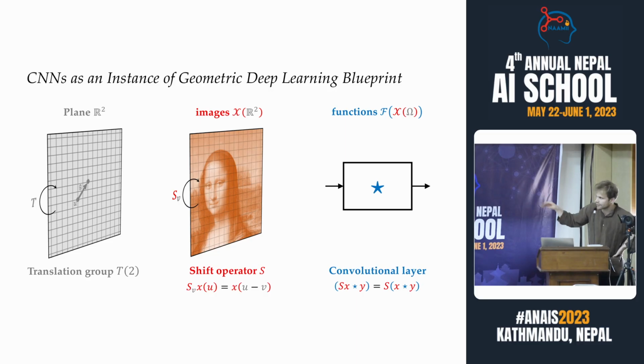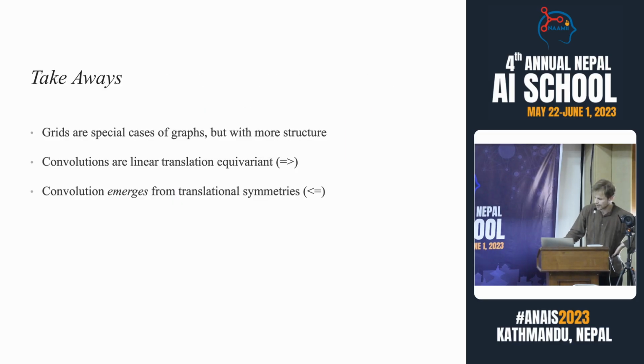Okay, we did the math in 1 dimension, but I promise that it still holds in 2 dimensions, which is the case of images. And so, working out the math, we know that if we want linearity and equivariance to this transformation, we will need a convolution layer. And so this is the one-slide summary of convolutions as the geometric deep learning blueprint.